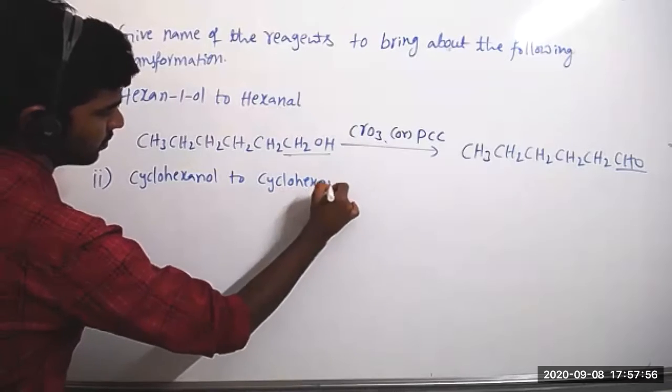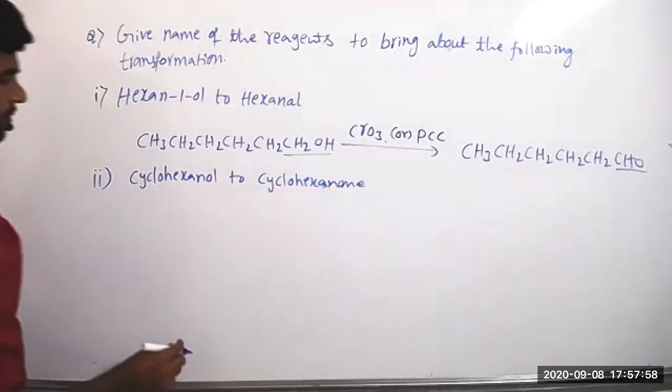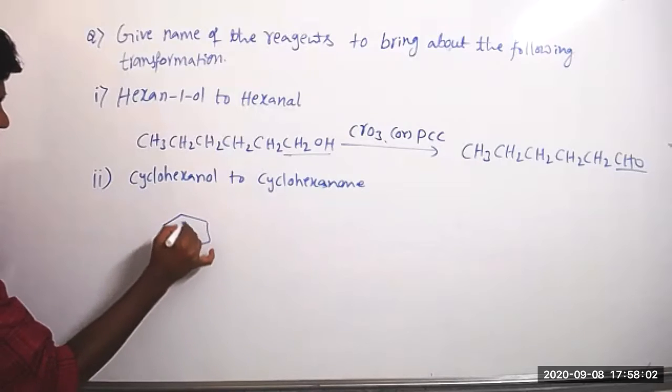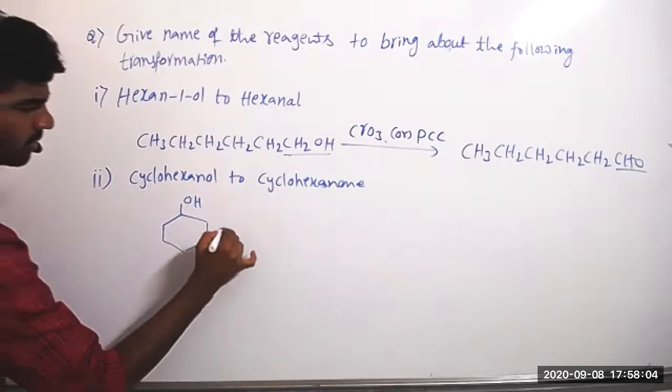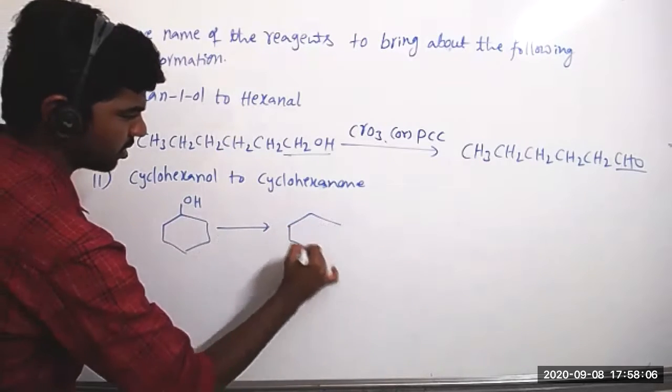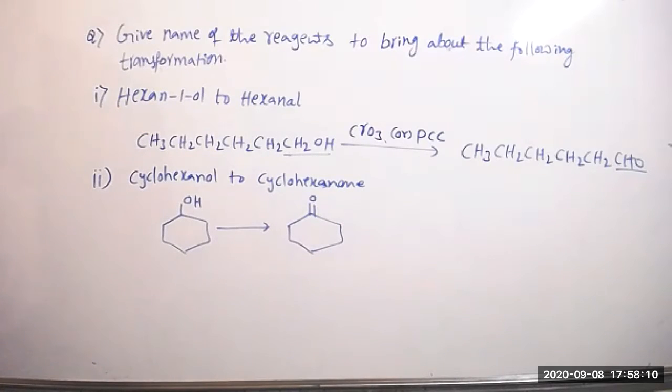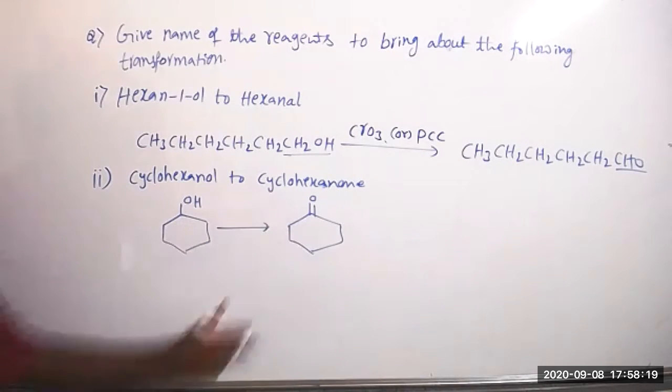Sir, it should be anhydrous AlCl3. Cyclohexanol. This is to convert to cyclohexanone. What is required? Which process is mandatory to convert this to this?